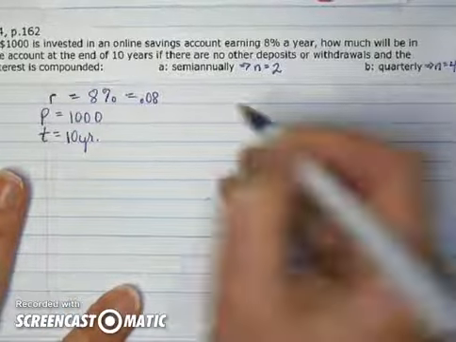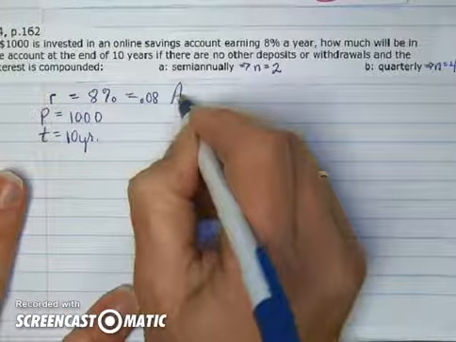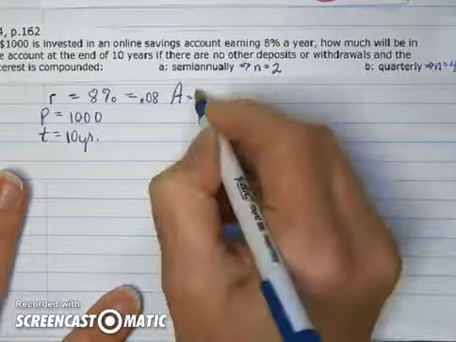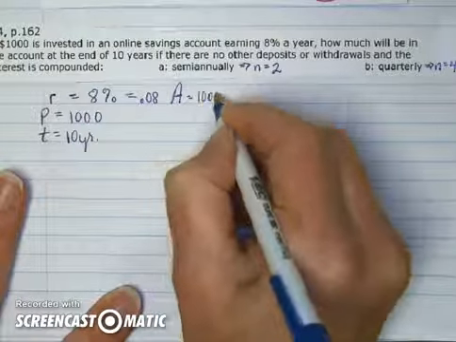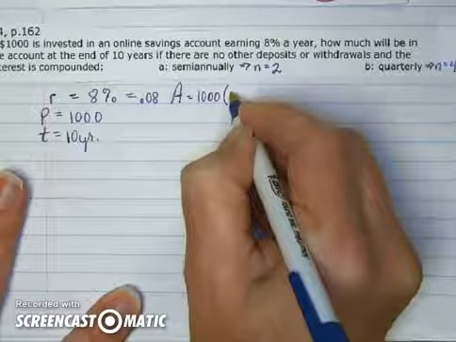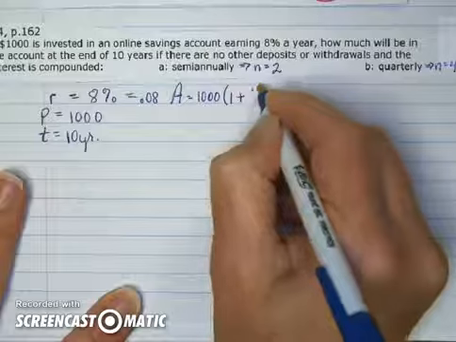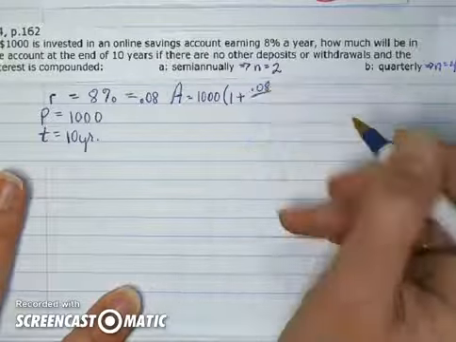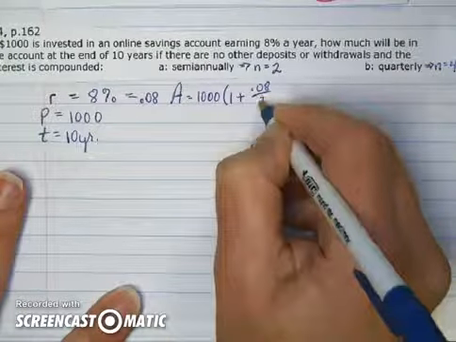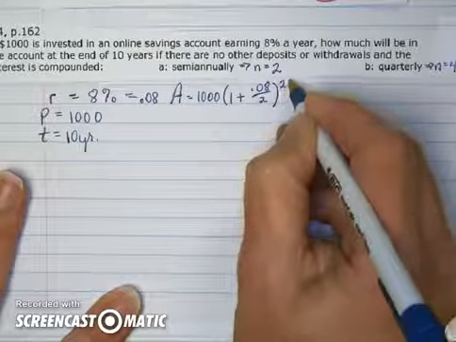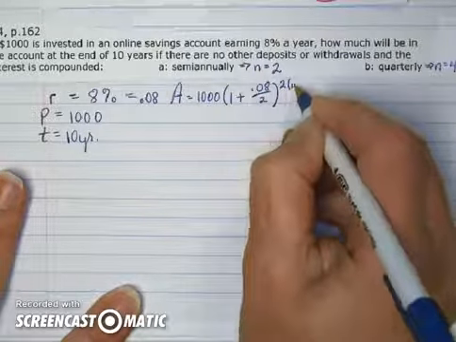And this has the A, the amount, and P is 1,000. The formula tells us 1 plus my rate, which is 0.08, divided by N, which is the number of times it's compounded, 2, raised to 2 times the number of years, which was 10.